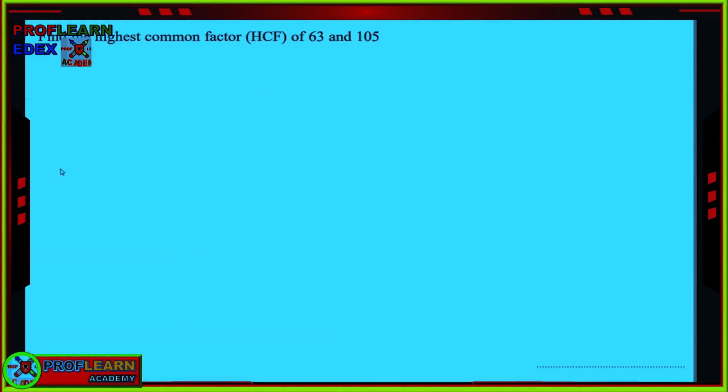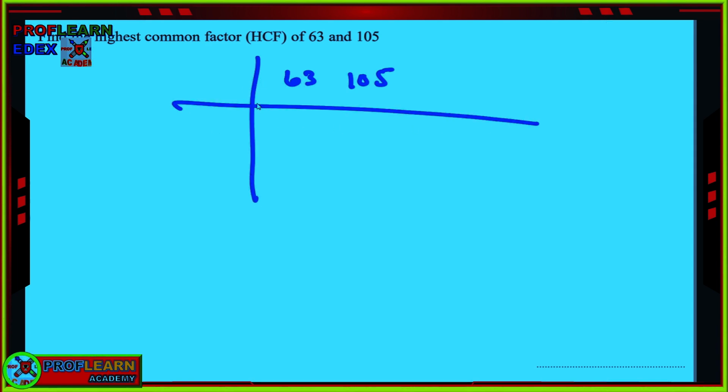Another area you need to focus on is how to find the highest common factor and LCM. For instance here, we have 63 and 105. What is the common number? What's the number that can divide both?